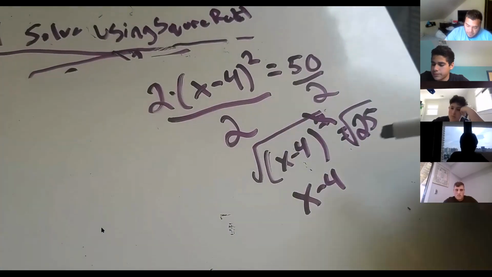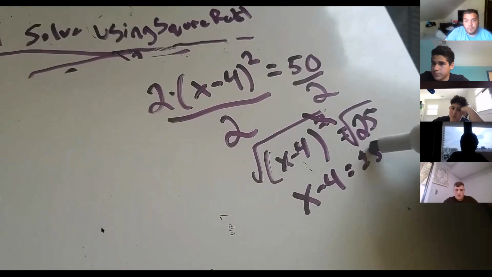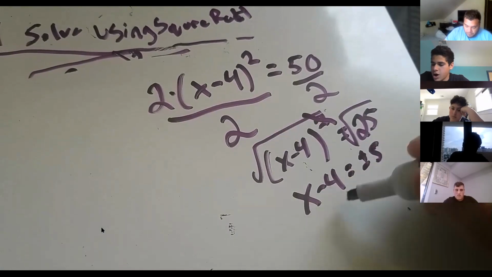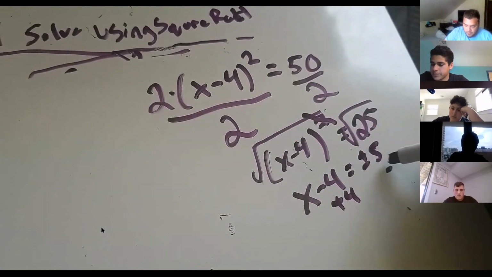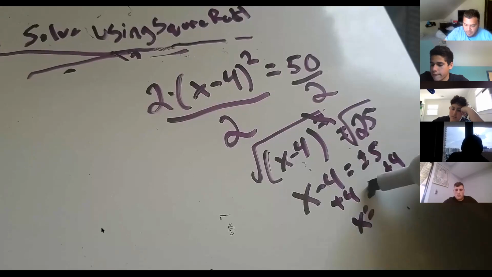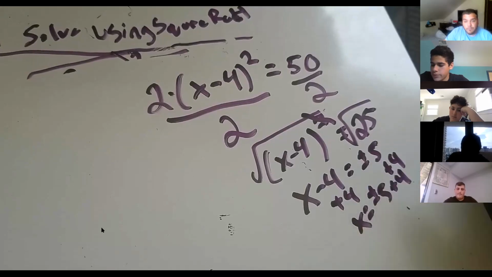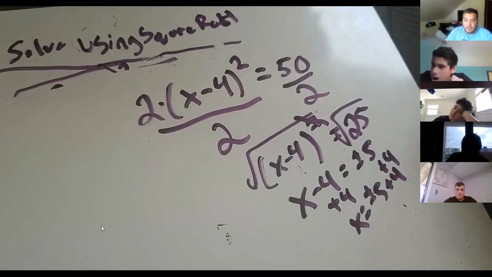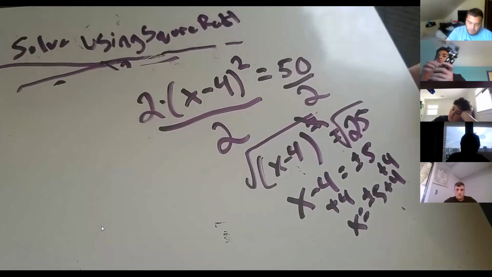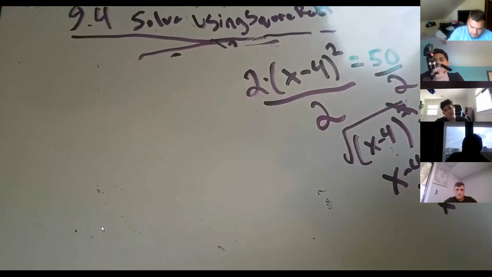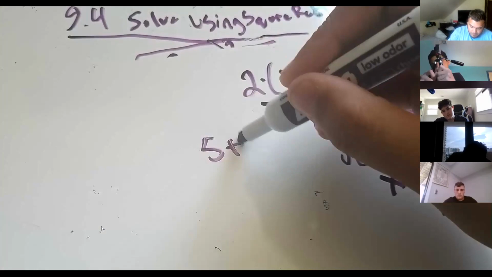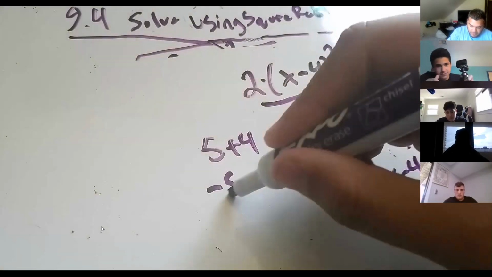And what happens on the right is plus or minus 5. Plus 4 on both sides. x equals plus or minus 5 plus 4. From that situation, we're going to do both the positive 5 and the negative 5. So it's 5 plus 4 and negative 5 plus 4.